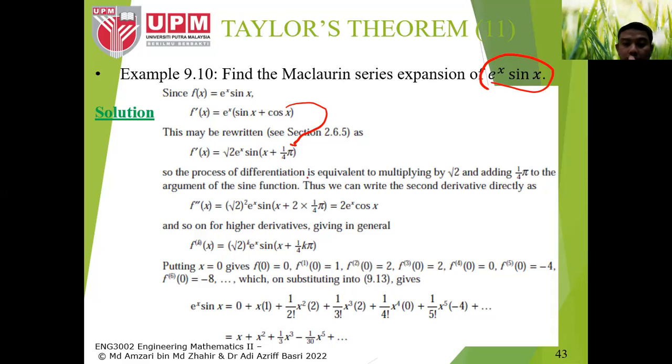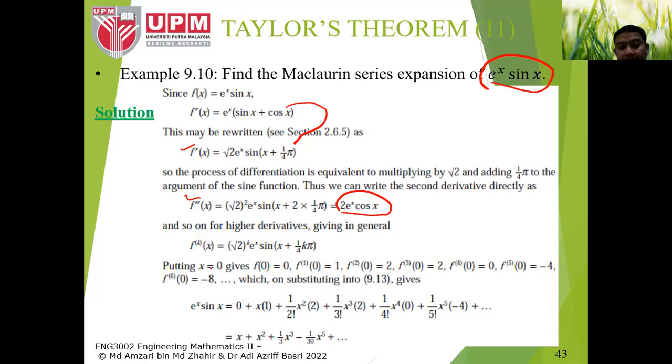From here, when we differentiate the second time, we get square root of 2 to the power of 2 e^x sin(x plus 2 times pi over 4), or equal to 2 e^x cos x, and so on. This can be simplified to be the k-th derivative, f^(k)(x) equal to square root of 2 to the power of k e^x sin(x plus k pi over 4).